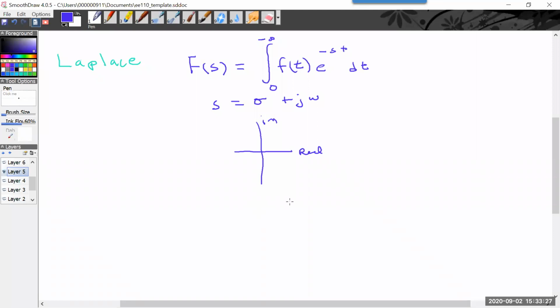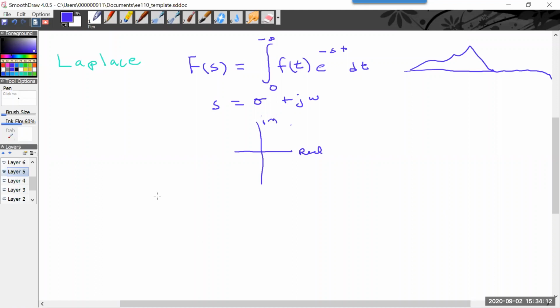So we take a function, and it's got to be linear and time invariant, otherwise it's meaningless. We take a function in time and convert it into a function that has a real and an imaginary part to it, in units of frequency. So we go from something in seconds to units in frequency.